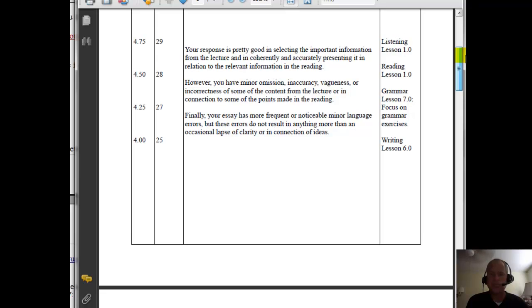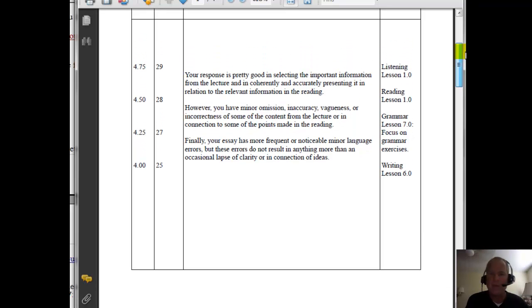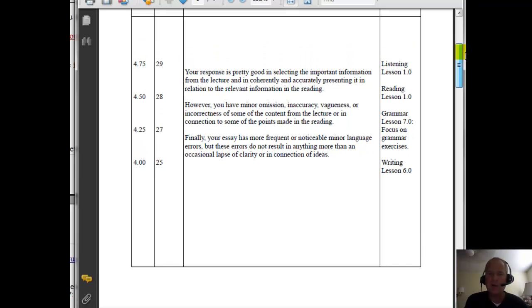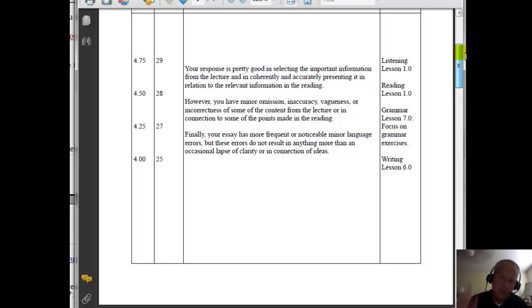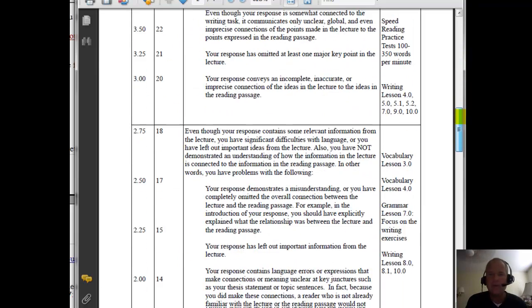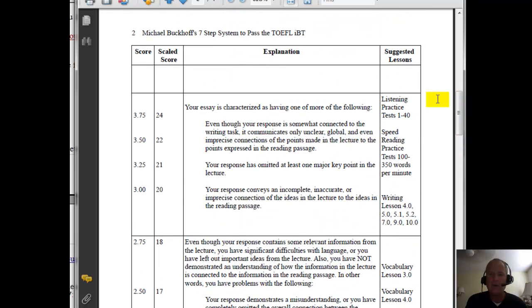Okay, let's say 4. Your response is pretty good in selecting the important information from the lecture and in coherently and accurately presenting it in relation to the relevant information in the reading. No, no, no, no, no. It says, your essay is characterized as having one or more of the following.